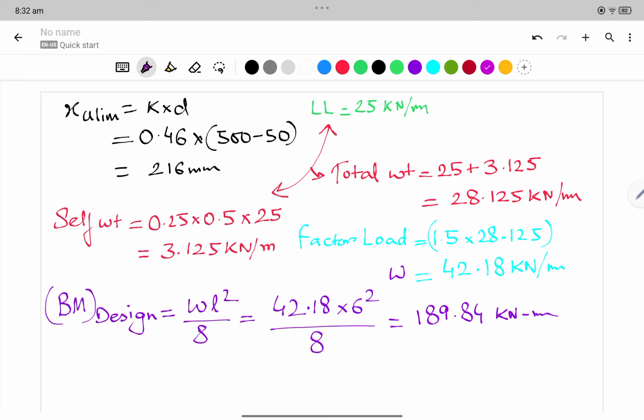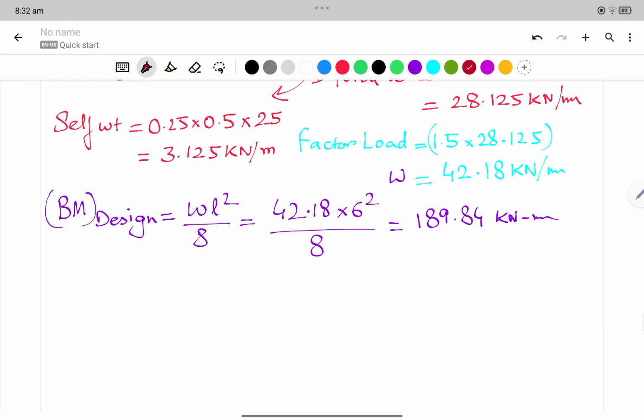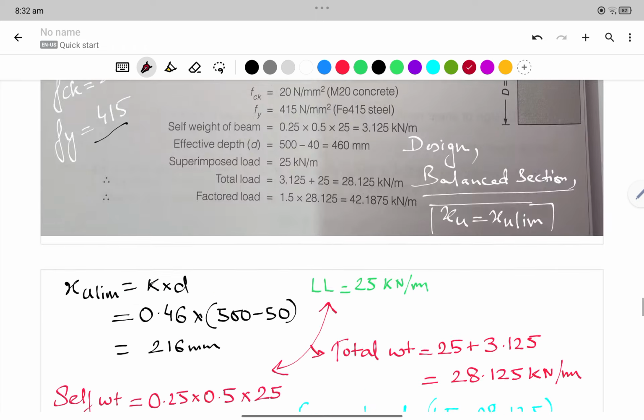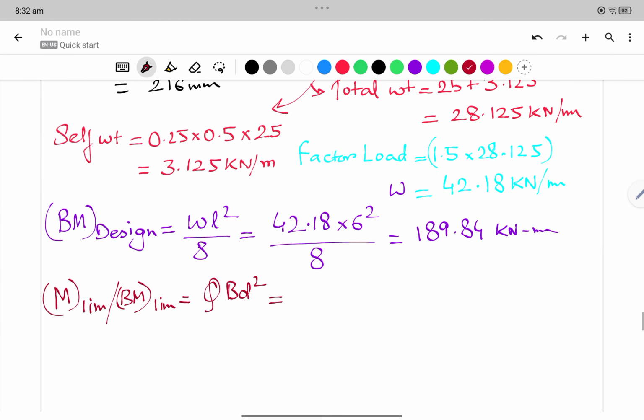We also know the formula of Mu limiting, moment limiting. Bending moment limiting is Q b d square, and Q for Fe415 is 0.138 fck.